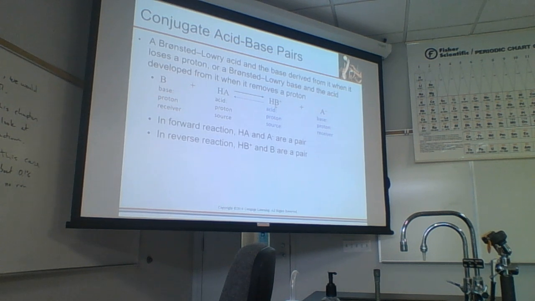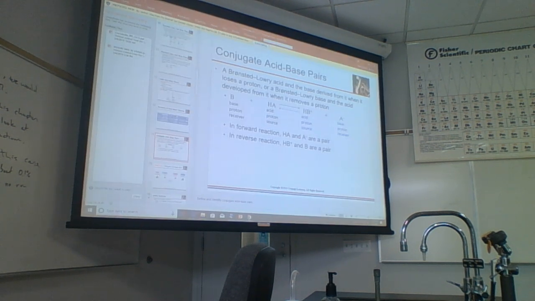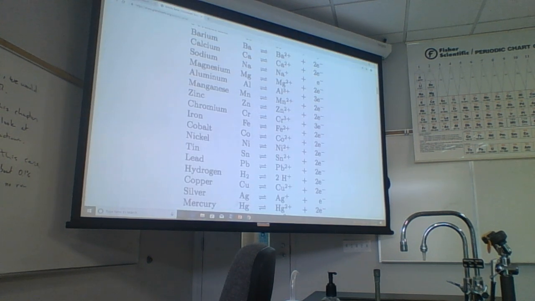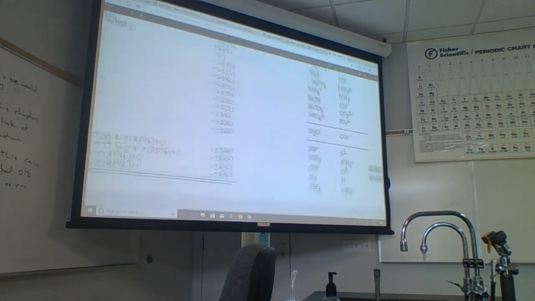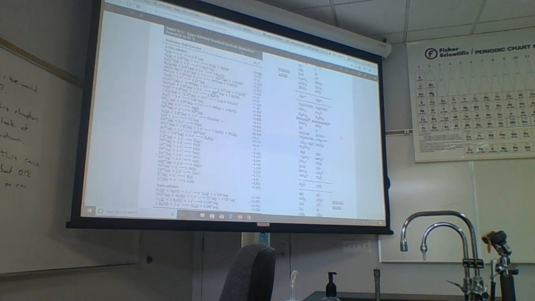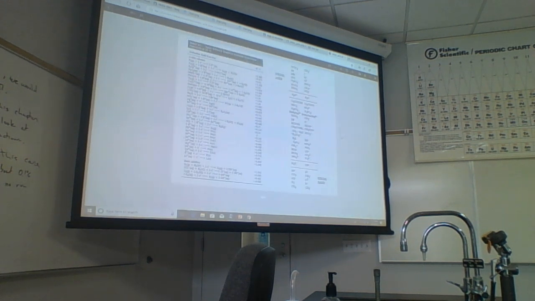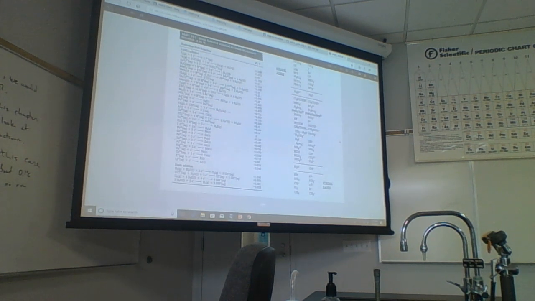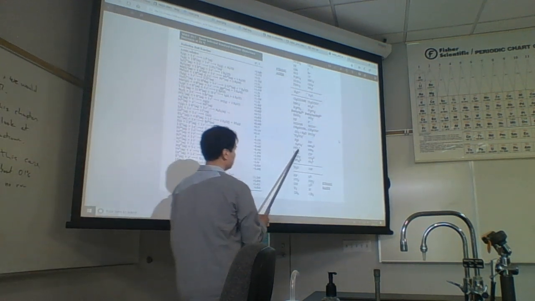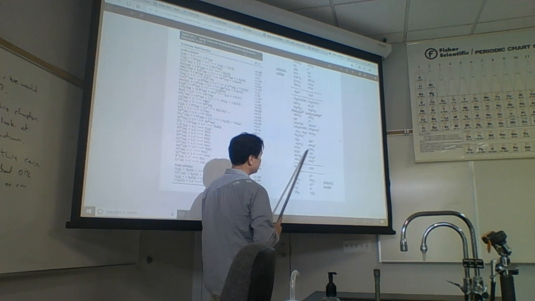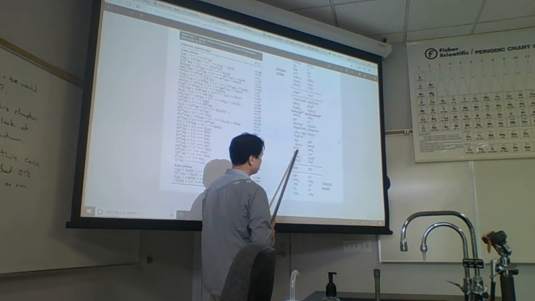Those pairs are shown here in the acid-base chart. Each acid is paired with the base. These are conjugate pairs. This is the acid that's the conjugate base. This is the base that's the conjugate acid.